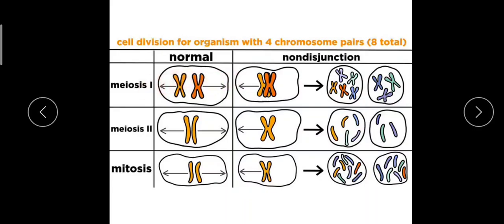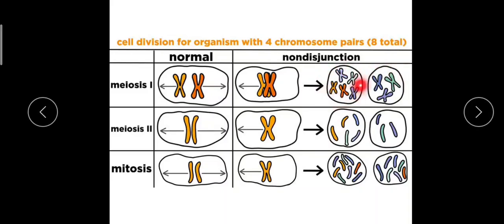If non-disjunction occurs in that case, both of these homologous chromosomes will move to one side and one daughter cell will be receiving both the homologous chromosomes, while the other daughter cell will be having only 3 chromosome number, as in this case.